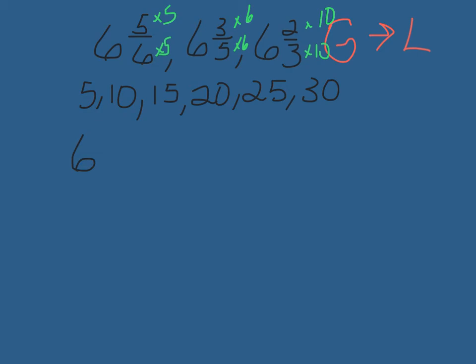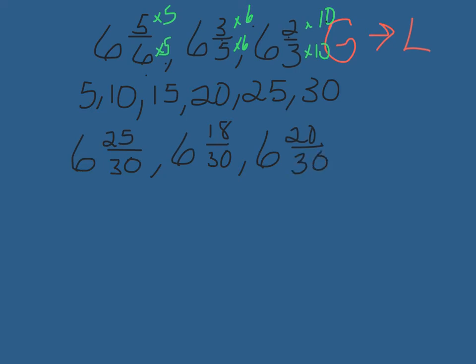Okay, so I have 5 times 5 equals 25. 6 times 5 equals 30. Now my next one, I keep my whole number the same. 3 times 6 equals 18. 5 times 6 equals 30. Keep my whole number down. Then 2 times 10 is 20. And 3 times 10 is 30.